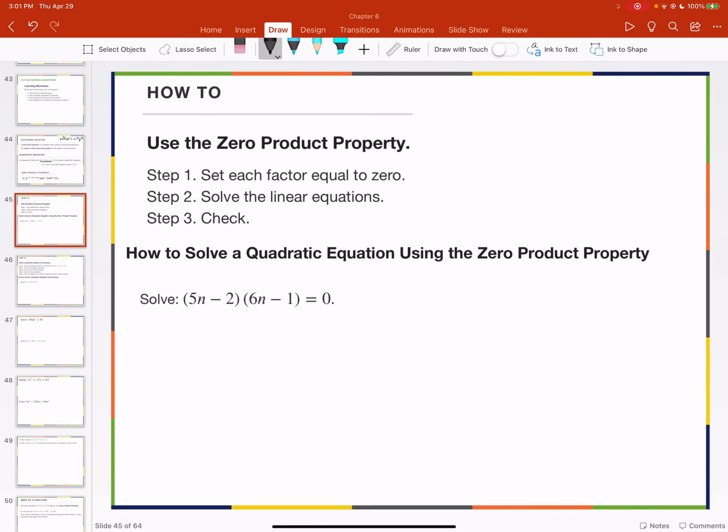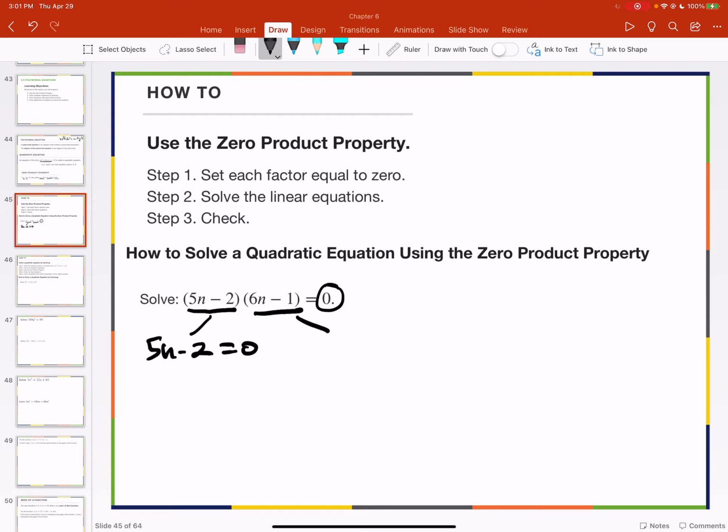Anyway, so how do we use this zero product property? When we factor quadratics or any other polynomials, we solve for the variable by taking each factor and setting it equal to 0. So let's say here we have a factored polynomial equation, and because the product is equal to 0, each of these factors can be set equal to 0 to solve for n.